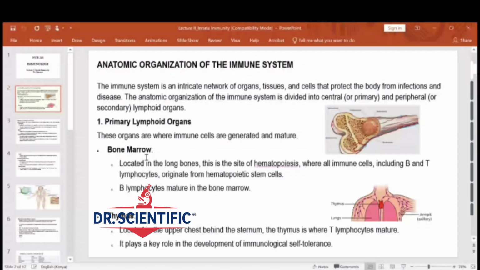And why are they the primary lymphoid organs? Because this is where B cells, T cells, and lymphocytes in general originate. You've just done, I think, hematology. You dealt with hematopoiesis.